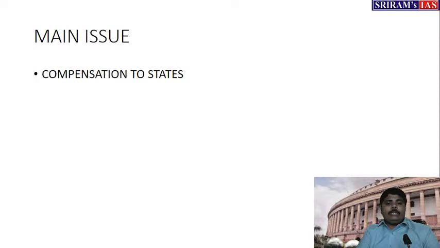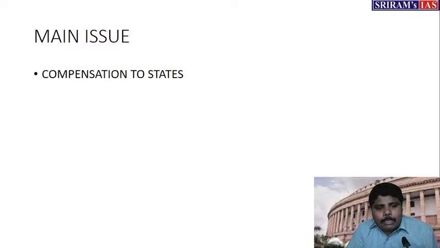Compensation to the states. From 32% they have increased it to 42%. So if there is a revenue of, let's say, 100 rupees, they will give 42 rupees to the states. Sir, 42 for how many states? For 28 states, they will give the 42 rupees based on the parameters they have fixed.